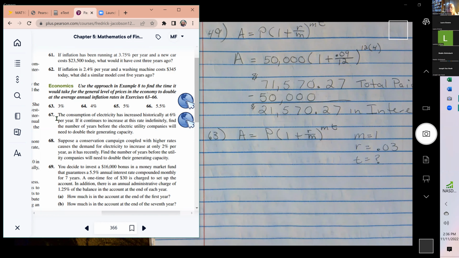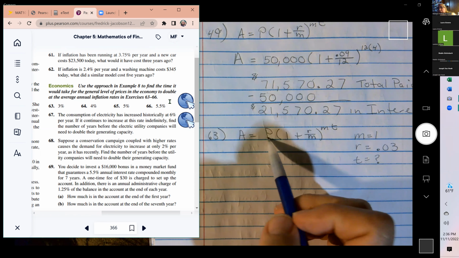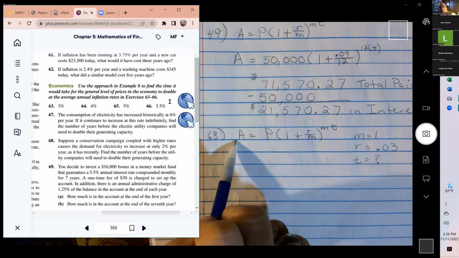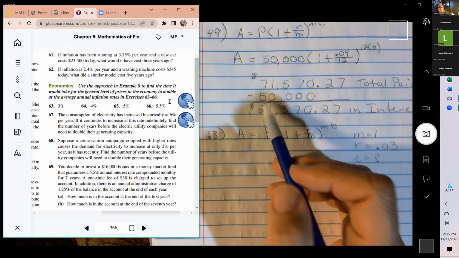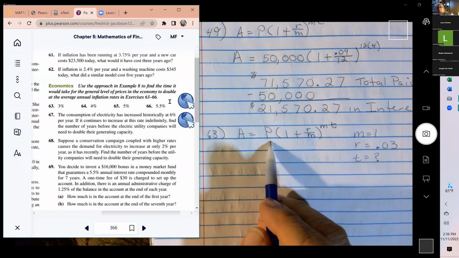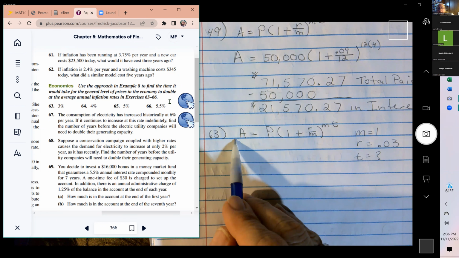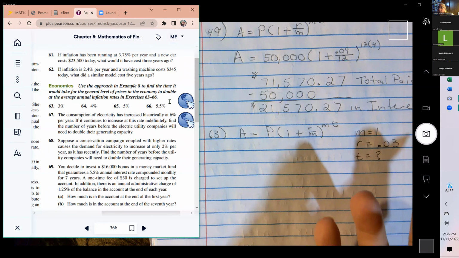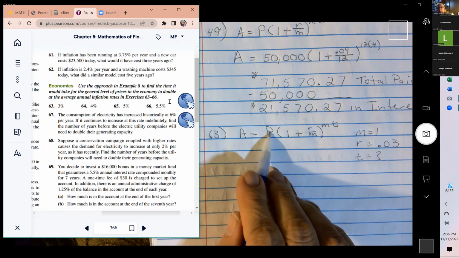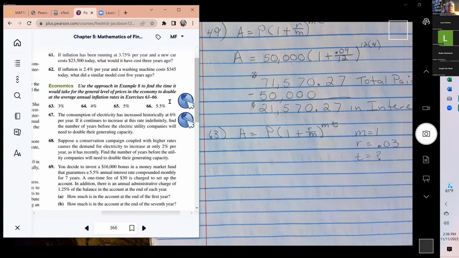They told us, though, they want it to double. Whatever this one is, this has to be double it. They don't have to give you an amount. You can pick any amount you want. You could put 1 here and doubled, it would be 2. You could put 100 here, doubled would be 200. It's up to you. But whatever's here, this will double because it wants the economy to double.